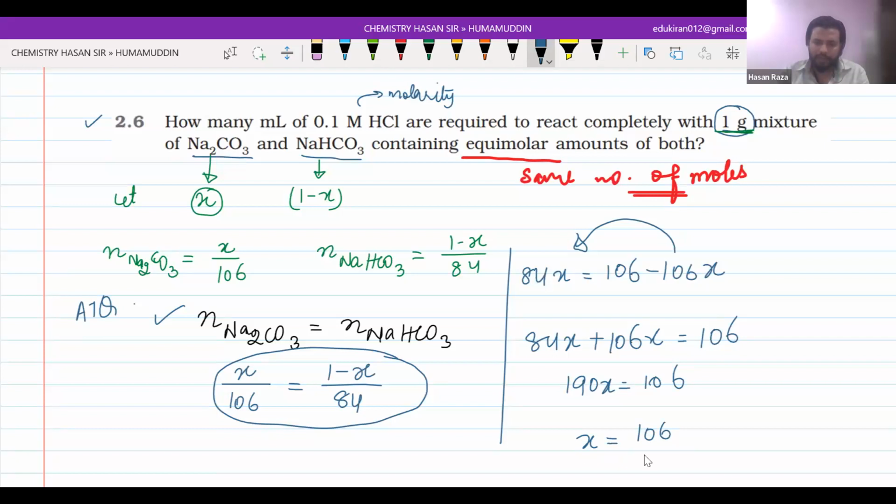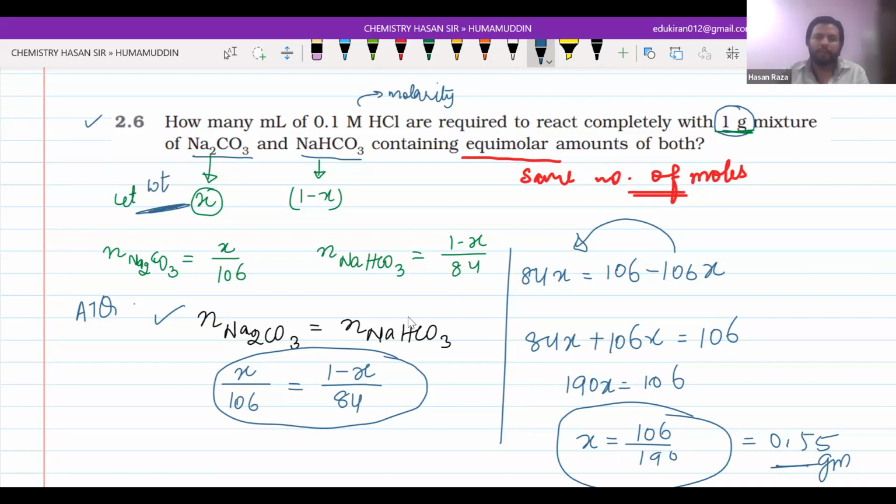106 divided by 190, which is approximately equal to 0.557, or 0.55 you can take. This is X. X is mass. We took the weight of Na2CO3 as X, so it is 0.55 gram.